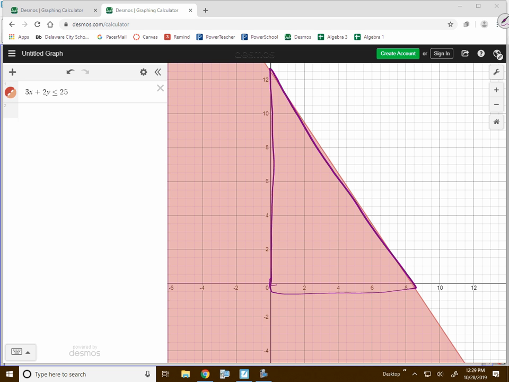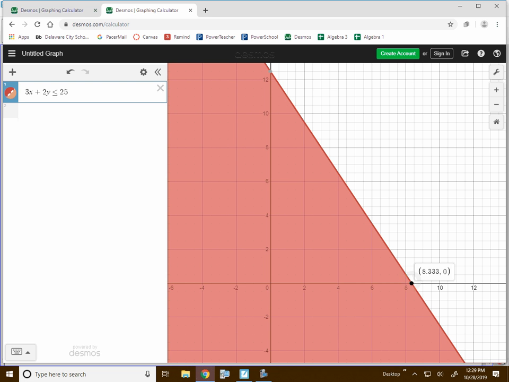Is 8 in there? Yes. What about 9? Probably not. But here's what we can do to check. If I tap here on this last one, it's 8.3. So we know anything bigger than 8.3 is not going to be part of that shaded region. So 9, no, don't check it off. 12, don't check it off. We okay on that? Okay.